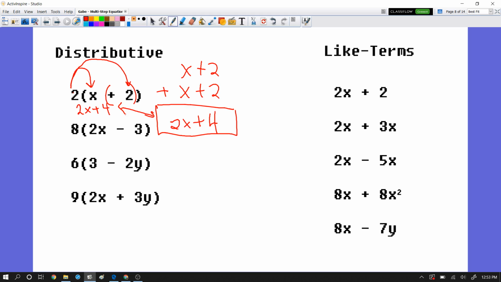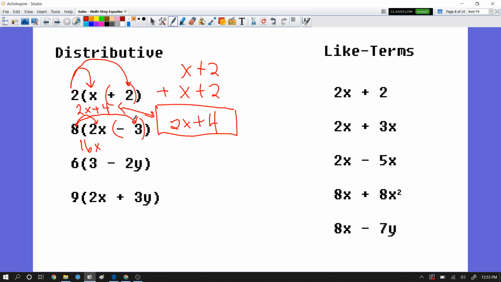Next. 8 times 2x. Go ahead and give that a shot. And then 8 times negative 3. That'll give you 16x.